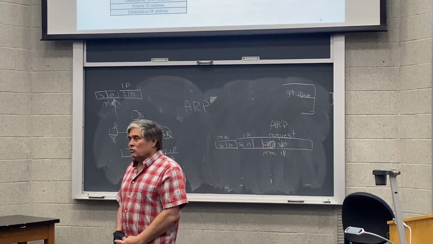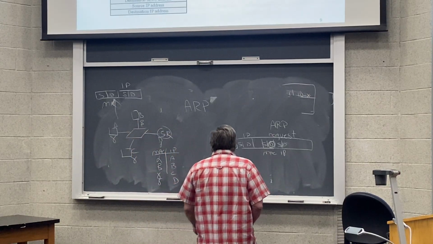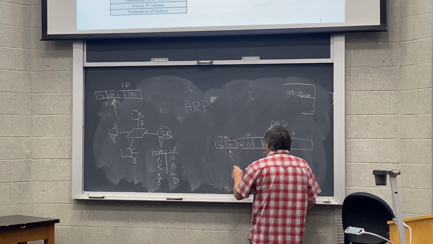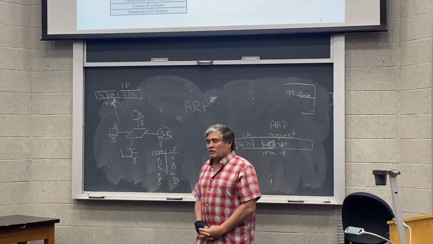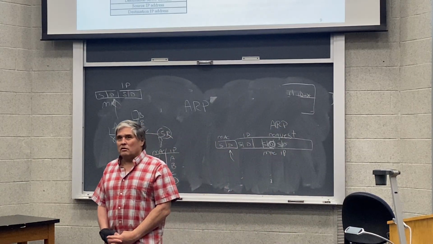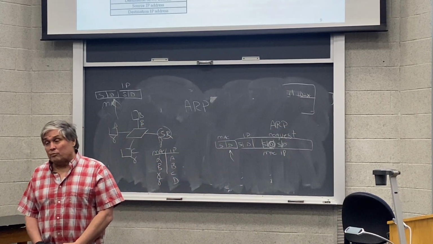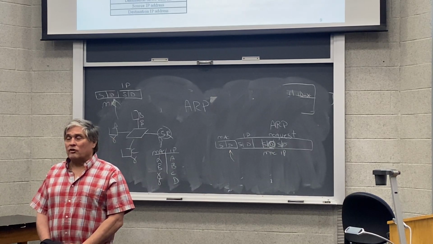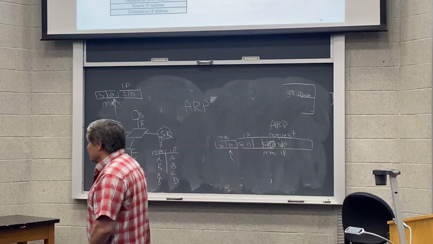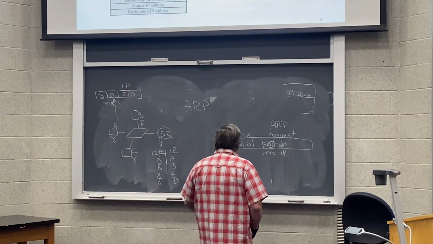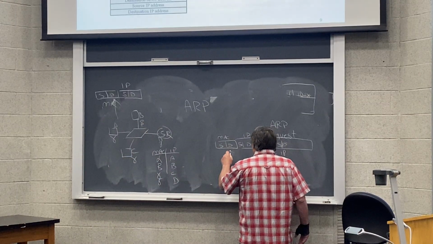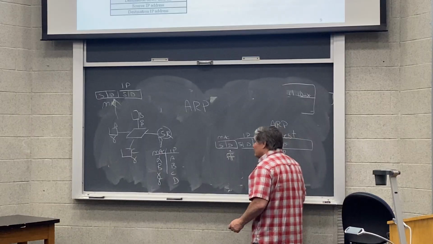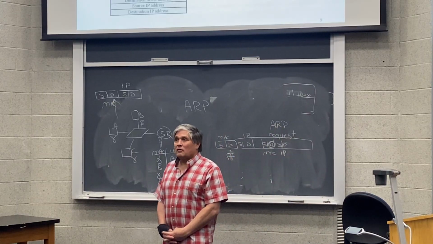And then there are two ways you can do it. You could send this to your subnet router, and your subnet router may have a more up-to-date table, or the subnet router will send it out on your behalf. Or you could broadcast it. You could put an FF in this field and broadcast it across your subnet.